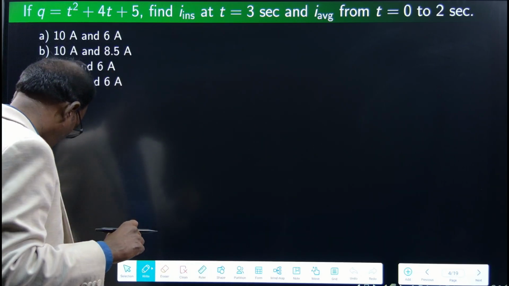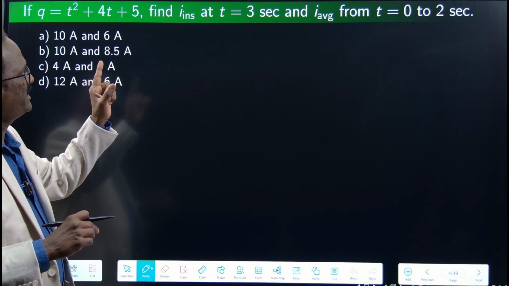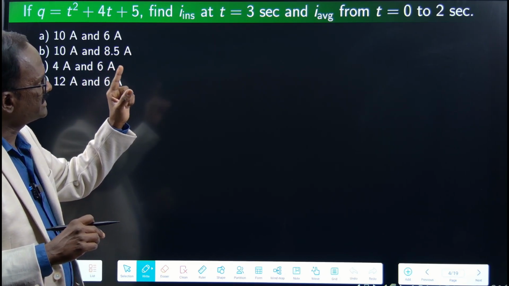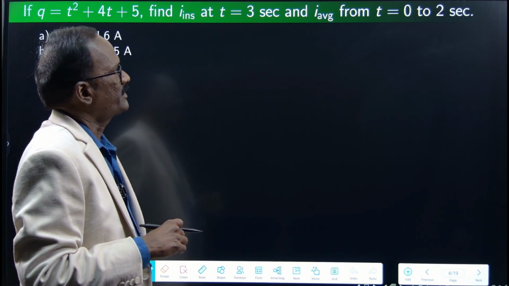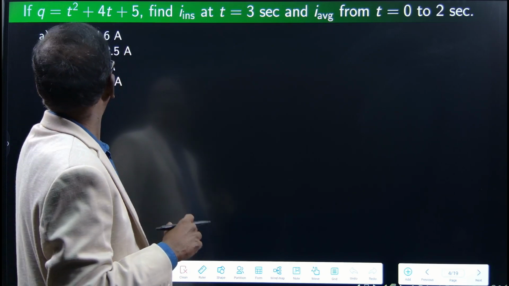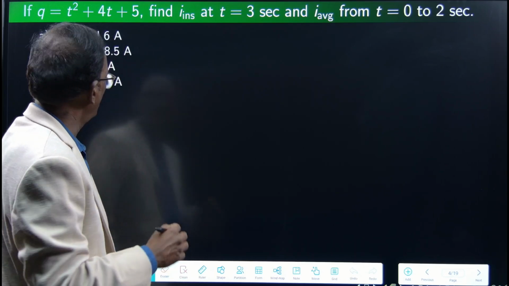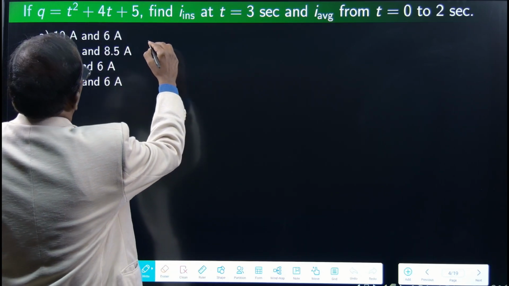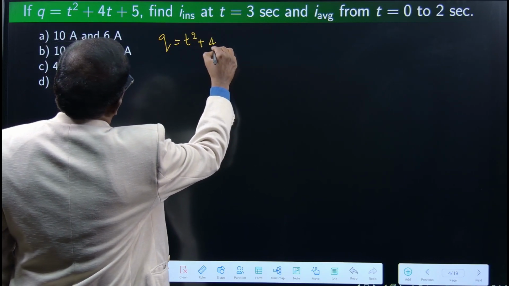If Q is equal to T square plus 4T plus 5, find I instantaneous at T is equal to 3 seconds and I average from T is equal to 0 to 2 seconds. Both instantaneous value and average value have been asked. Q is given as T square plus 4T plus 5.